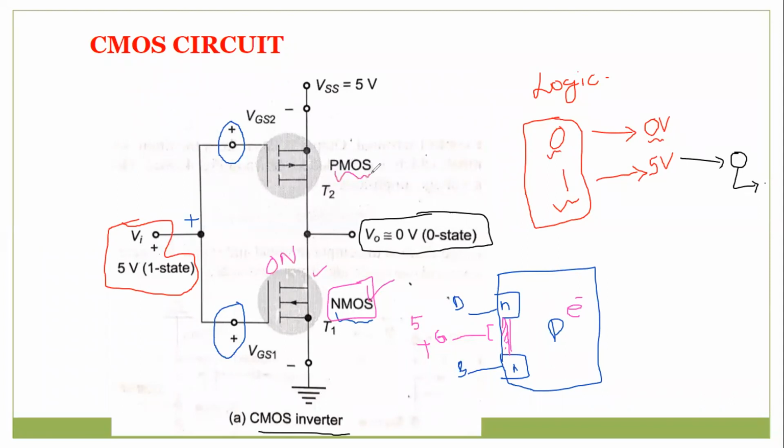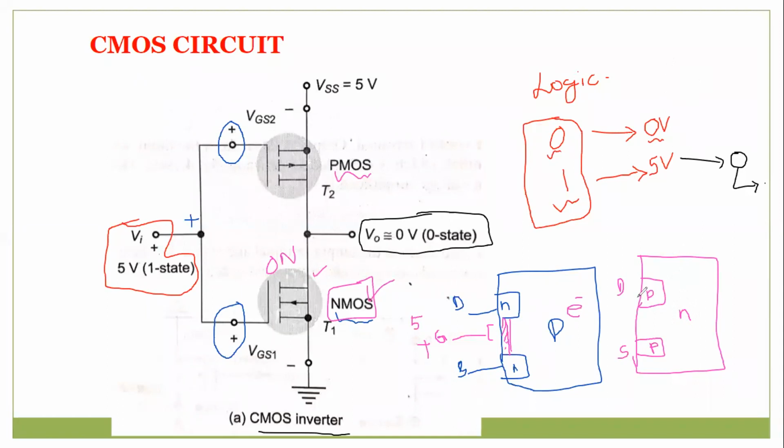Whereas for the PMOS, what happens? PMOS is constructed such that the drain and source are connected with P material, and the substrate is constructed using N type material.